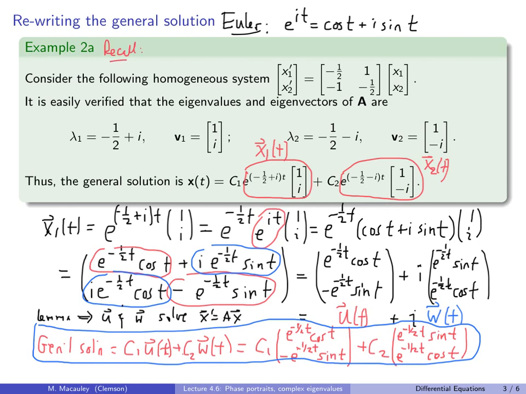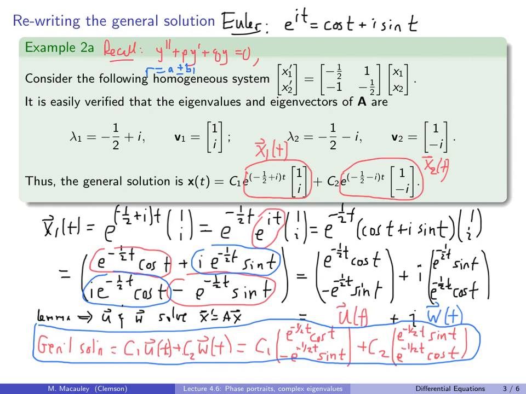Recall that suppose we had an ODE y double prime plus p times y prime plus q times y equals 0. And we got that characteristic equation, and then say we got that r equals a plus or minus bi.